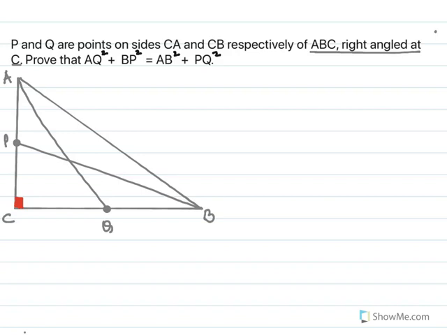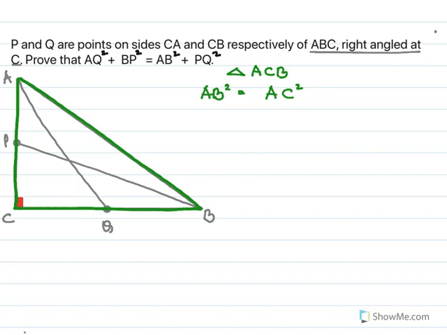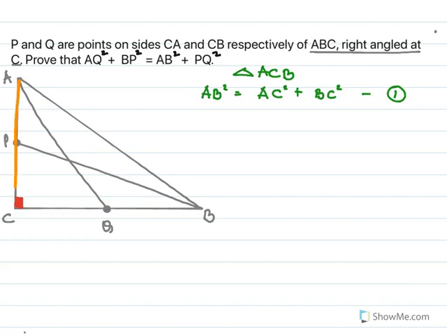In this figure we can see four right angle triangles. First one is ACB. So we take up triangle ACB and use Pythagoras theorem. The hypotenuse here is AB, so AB square equal to AC square plus BC square. Next we'll take the triangle ACQ, and in ACQ we will use Pythagoras theorem.